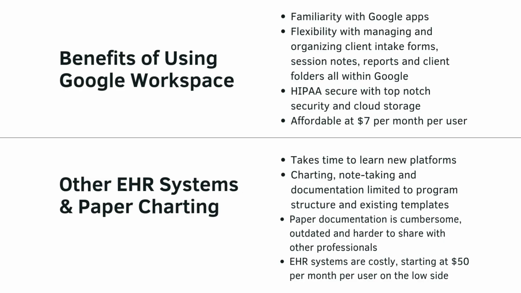Most EHR systems start around $50 a month or more per user. And that $50 a month is on the low end. So Google Workspace can cost a fraction of what you'd otherwise pay without giving up the features that actually matter to a solo or small practice.